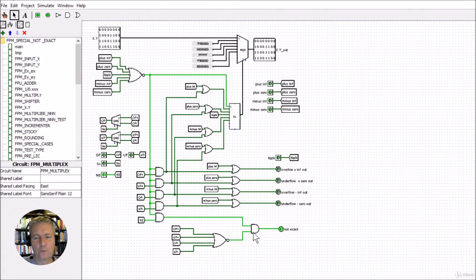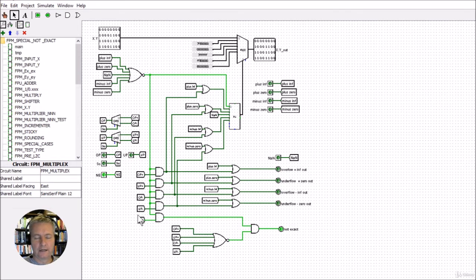But we don't want a non-exact output whenever any of these values here go high either. These values, remember, are the values that we get whenever we multiply together just normal and subnormal numbers, but we get overflows to plus and minus infinity or plus and minus 0.